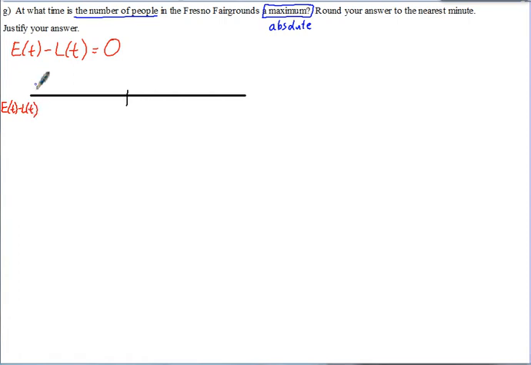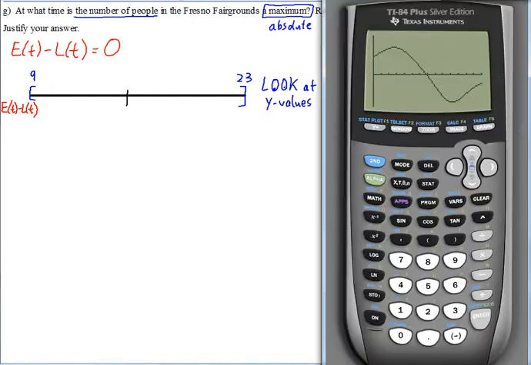Our endpoints on this number line are when the park opens, 9, and when it closes, 23. Since this is the graph of the first derivative, we're just looking at the y values. They start out positive until right there, where the y value is 0, and then they're negative the rest of the way. I'll just call that A.